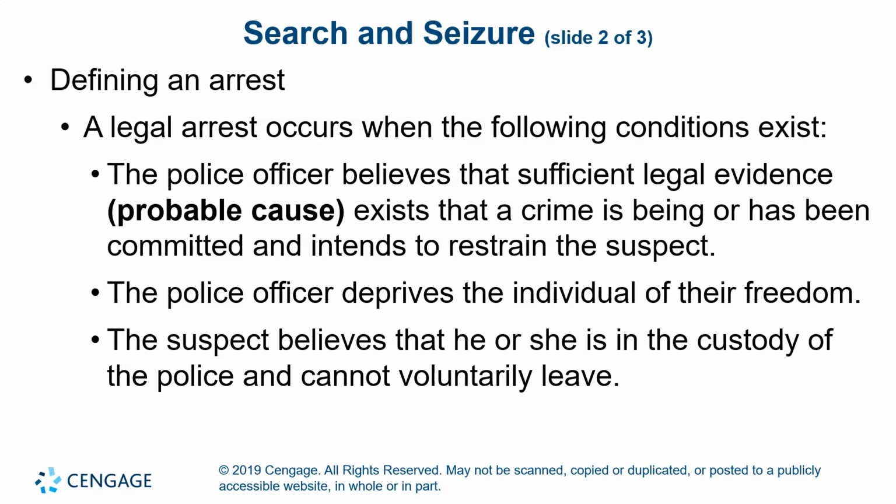Next, the police officer deprives that person of their freedom. And then the suspect believes that he or she is in the custody of the police and cannot voluntarily leave. So a legal arrest occurs when these things actually exist.